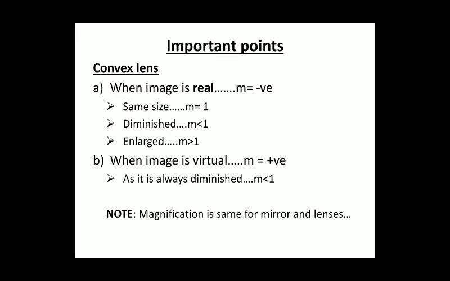When the image is real, M is negative. Same size, M equals 1; diminished, minus 1; and large, greater than 1. When the image is virtual, in that particular case, M is positive, right? And it is always diminished. So, M is less than 1.